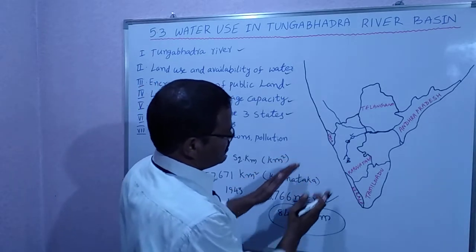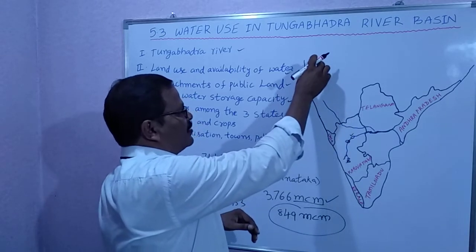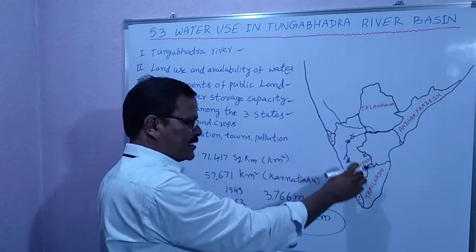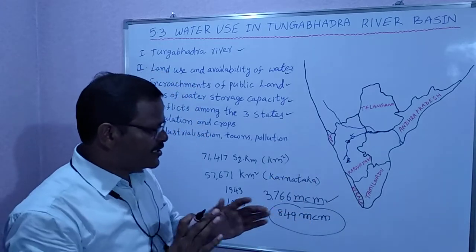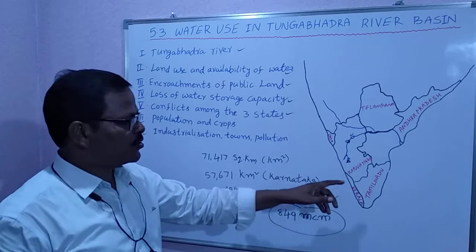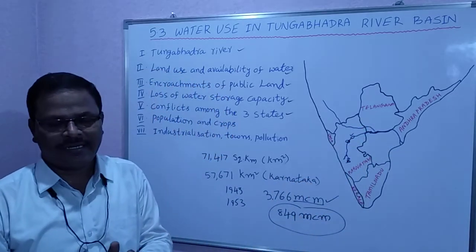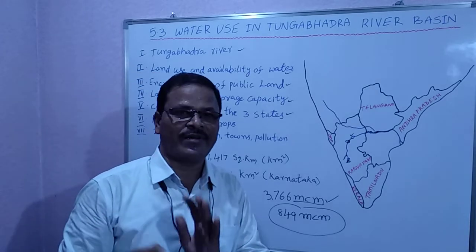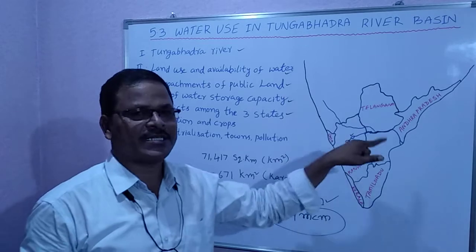The southwest monsoons blow in this direction. In this direction, the Western Ghats are here. They stop the southwest monsoons. So all these areas are facing lesser rainfall. So water is very precious to the people of all these states.